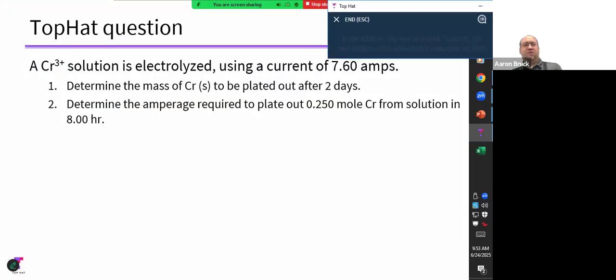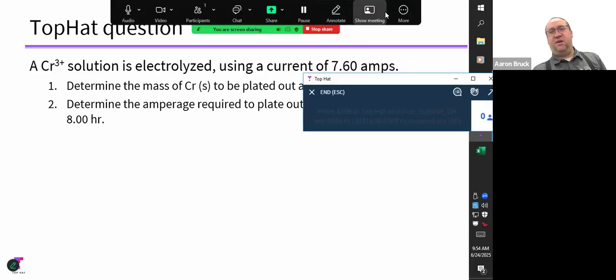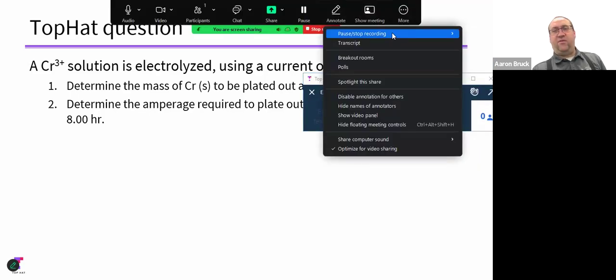We have a chromium-3 solution that is being electrolyzed with a current of 7.6 amps. How much chromium should we expect after 2 days? And then second, calculate the amount of amps required to plate out a quarter mole of chromium in 8 hours. So go ahead and try this one out yourselves, and we'll come back and finish it up from here after that.